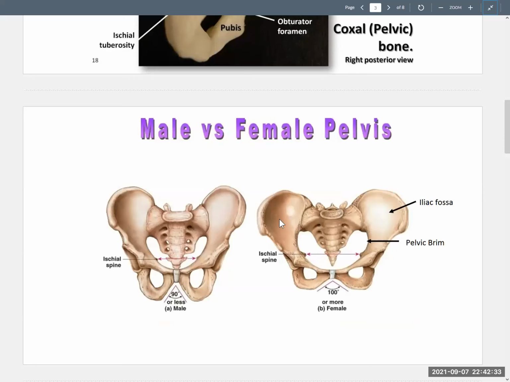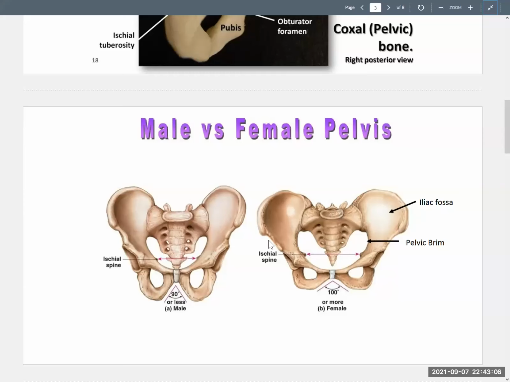This is the anterior that we didn't get to see. We're seeing from the back side. This is the anterior superior iliac spine, anterior inferior iliac spine. Back here is the posterior superior iliac spine and the posterior inferior iliac spine.